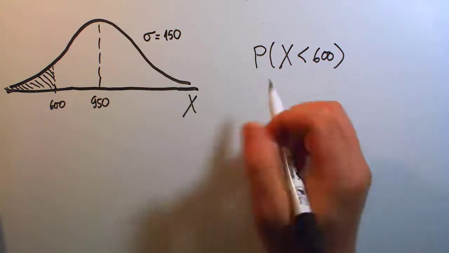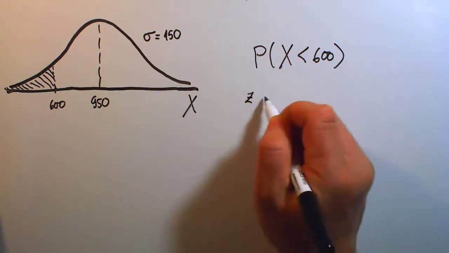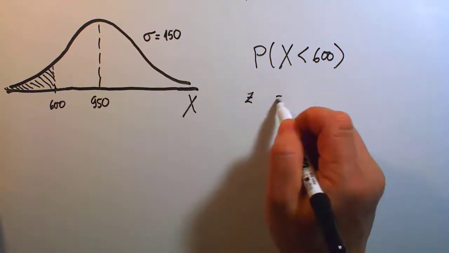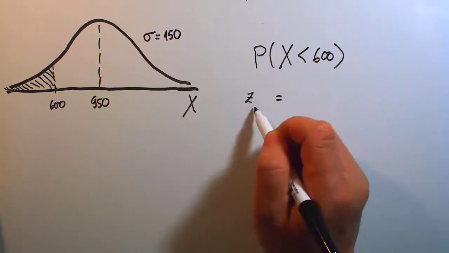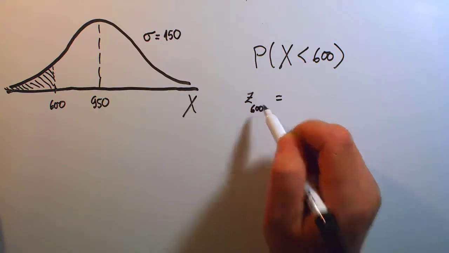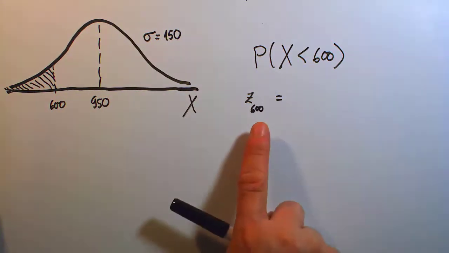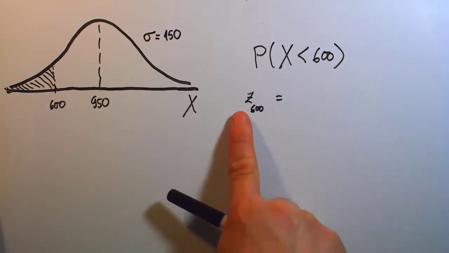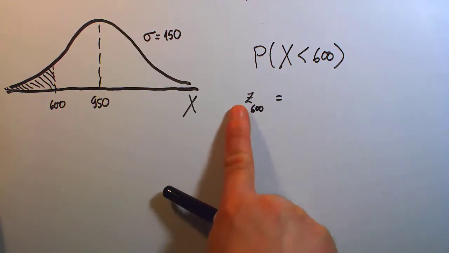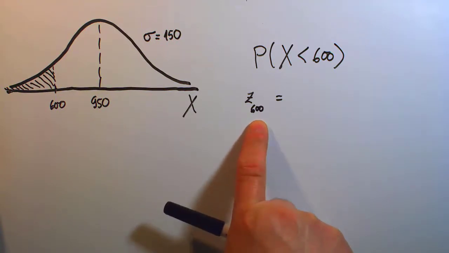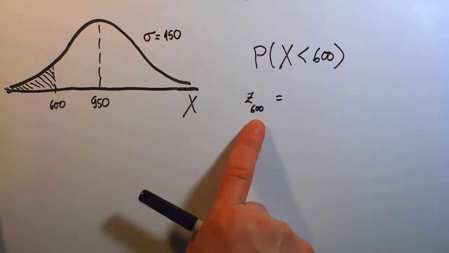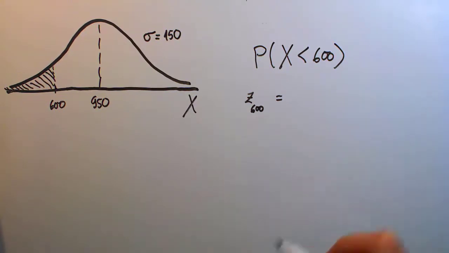So learning from our earlier video lesson, it is clear that our first step here is to find a z-score of 600. It is just my own habit that anytime I'm doing this, because later on we will be working with many different values of the random variable, so we have to end up finding many different z-scores. So here I'm using a subscript 600 to indicate that this is specifically the z-score of 600 that I am looking for.